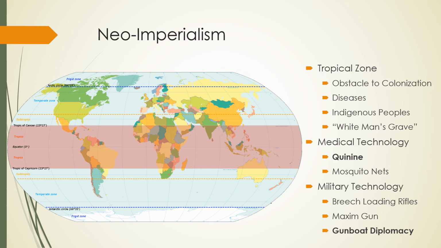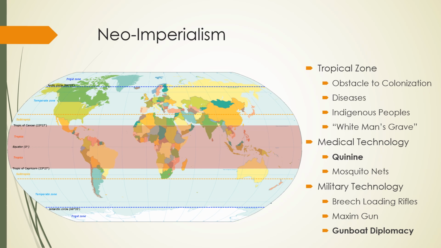And then the Maxim gun. This was really the first machine gun, which some people have called the greatest tool of British imperialism, the Maxim gun. You see another term down here. It says gunboat diplomacy. This is key in these Western powers being able to conquer because basically they're going to have better ships, which they will use to attack cities.